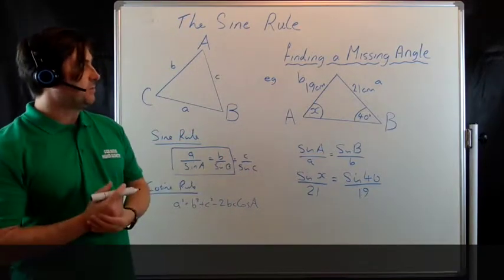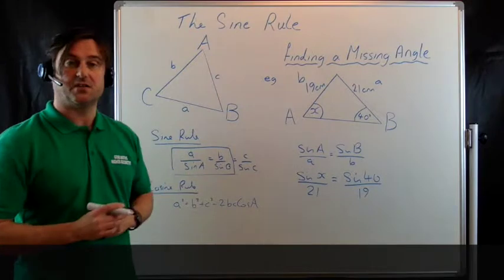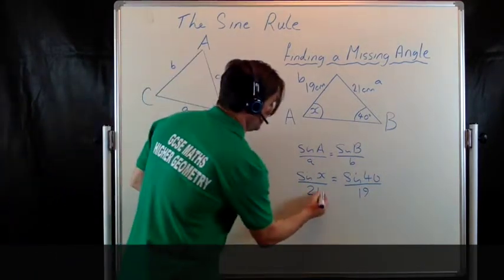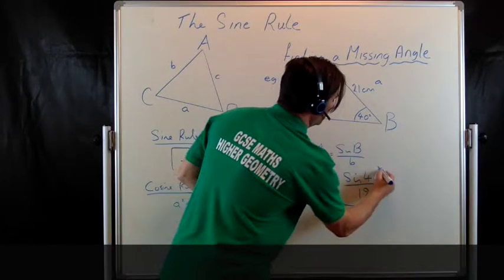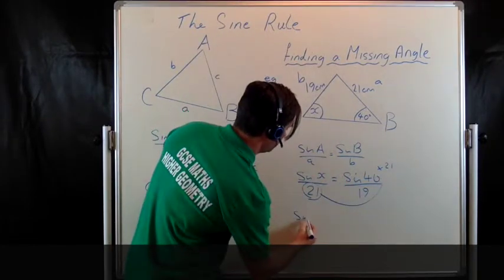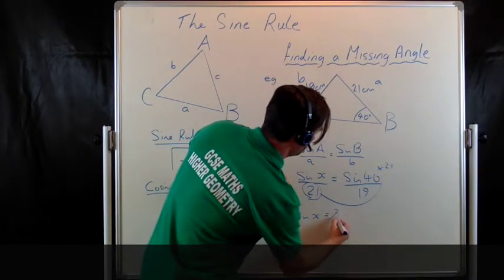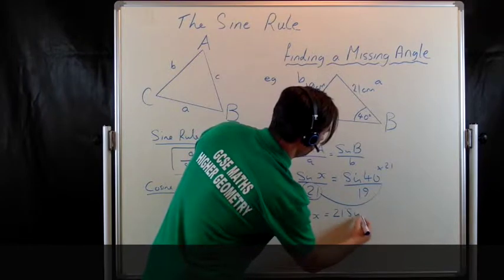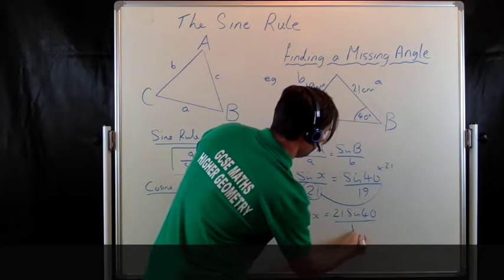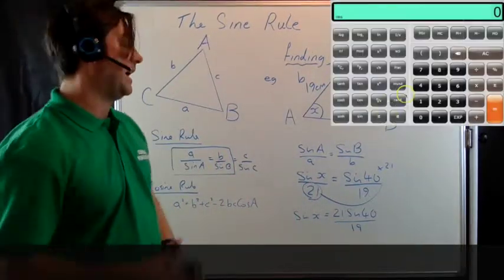And just as we did when we were finding the missing side, we want to have sin x on its own, so we need to times both sides by 21. So we're basically moving that 21 up to there and timesing. That's going to give us sin x equals 21 times sin 40 over 19.